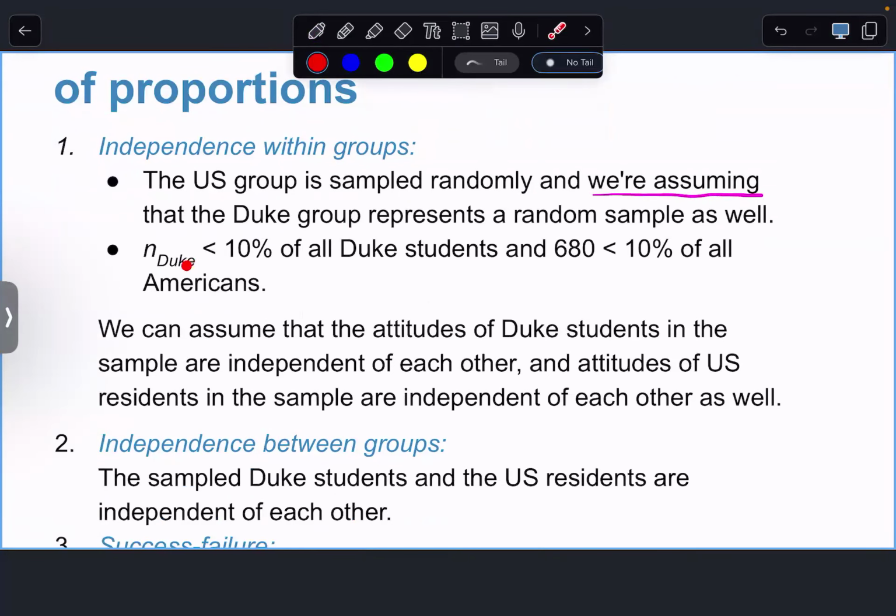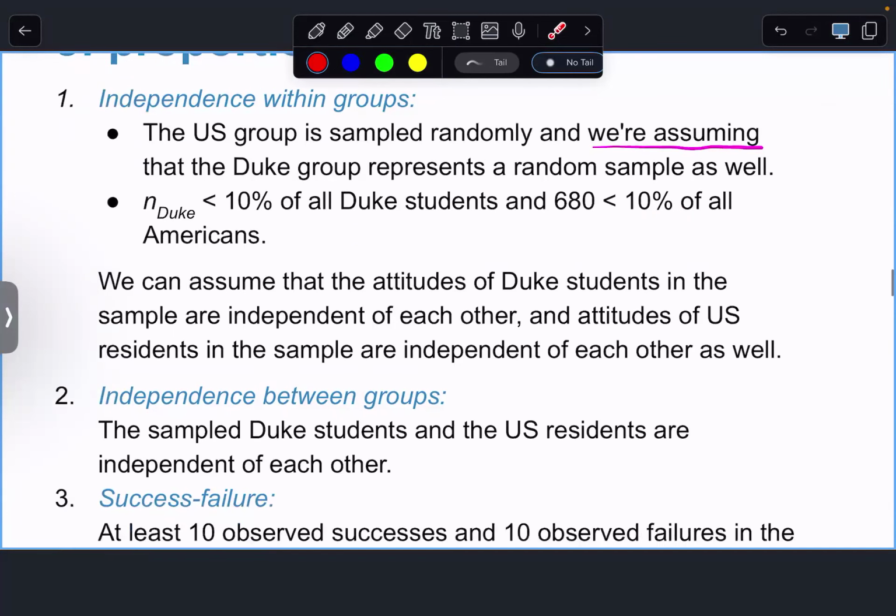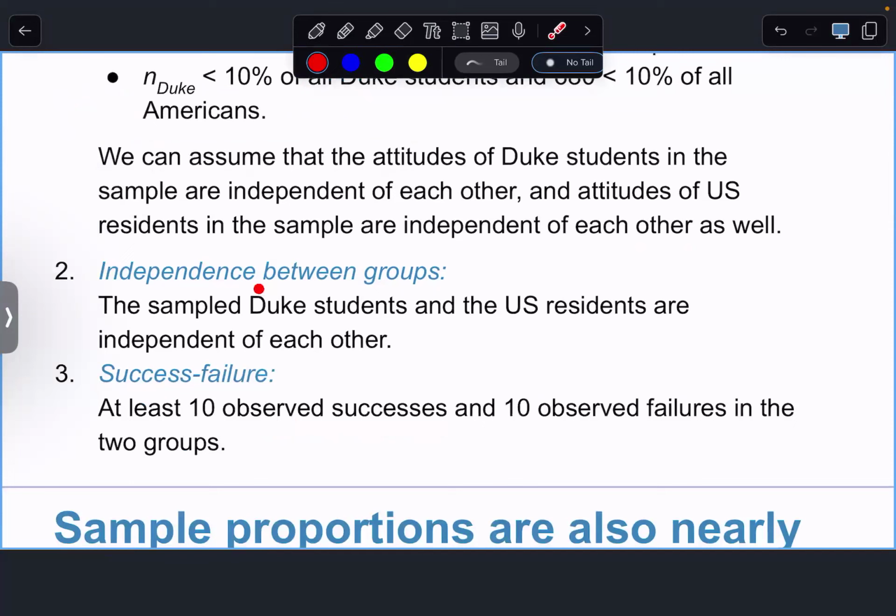And so the sample of Duke students is less than 10% of all Duke students, and 680 is less than 10% of all Americans. That's all fine. For independence between the groups, we're assuming that the sampled Duke students and the US residents are independent of each other. It's reasonable.